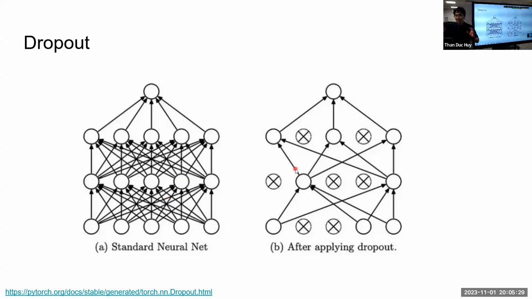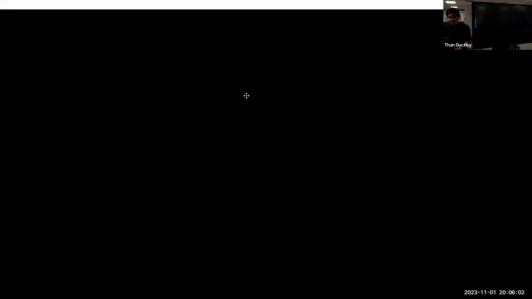It is not as biased towards that node anymore, so it has to figure out other ways to get to the bottom of the loss function landscape. So it applies dropout, randomly turning nodes on and off. This turning on and off only happens in training. When you start inferencing, when you want to predict, definitely all of them will be turned on, not turned off, because that would make the prediction go very badly.